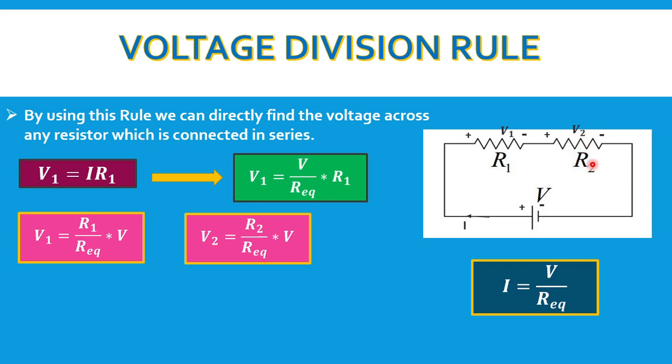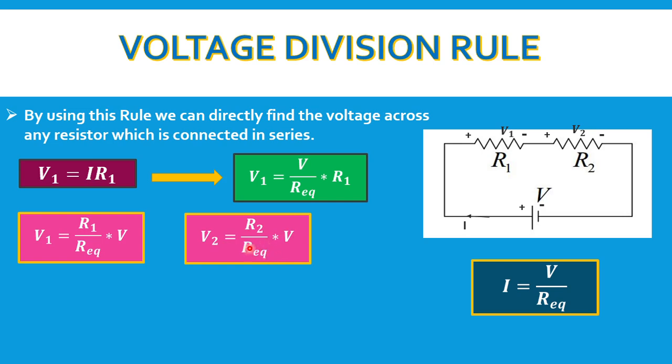Replacing I by V upon R equivalent, we get the voltage V2 equal to R2 upon R equivalent into V. If we have to find the voltage across resistor 2, we can directly find it using this formula.